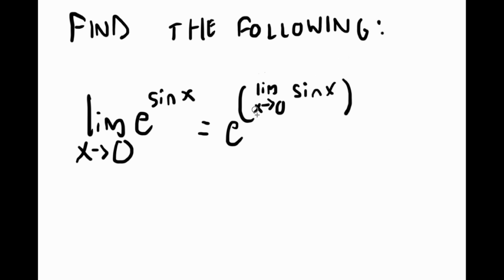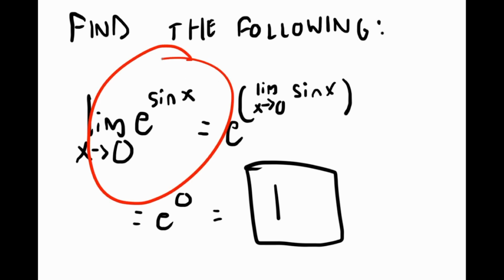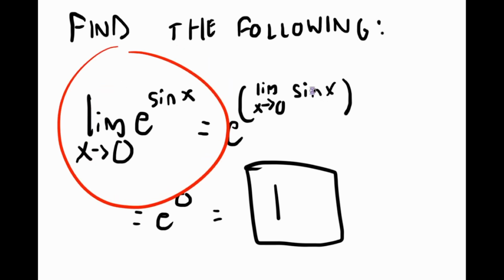And we know the limit as x approaches 0 of sine of x is just going to be 0. So that's equal to e to the 0, which is equal to 1. So we could use that rule to solve messy limits like this one right here.